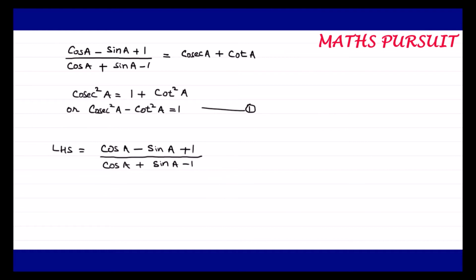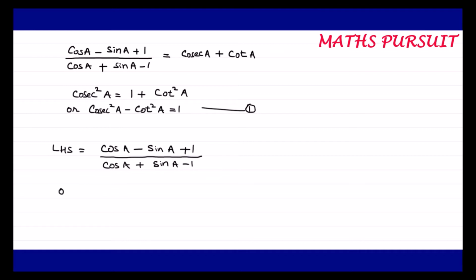Because looking at the right side of the expression, you can see that sin A is present in the denominator: cosec A is equal to 1 upon sin A, and cot A is equal to cos A upon sin A. Looking at that expression, we need to divide the numerator as well as the denominator of the left side of the expression so that we get cosec A and cot A.